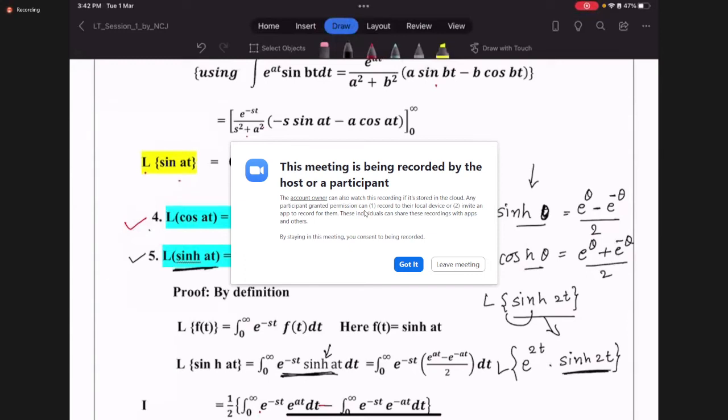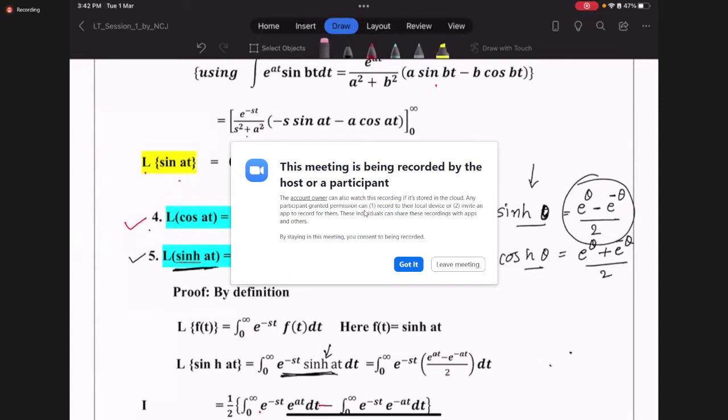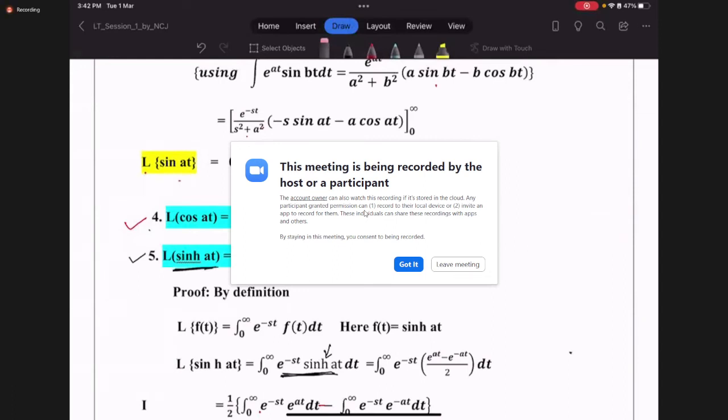Then convert this into Euler's form, simplify, and apply the formulas you have. Are you getting me?